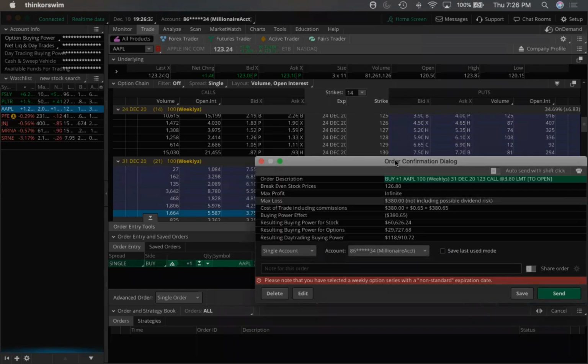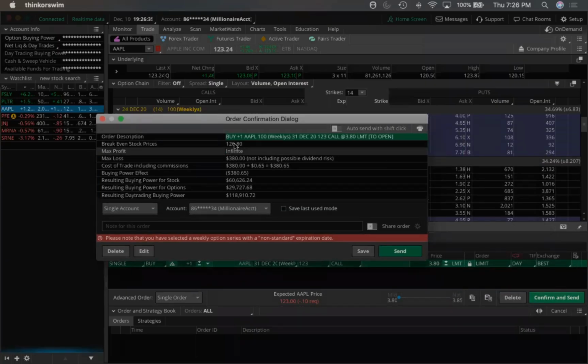Well, if I buy this Apple option that's going to expire December the 31st, my profit is infinite. Word? Yeah, because if Apple goes up $1,000 a share, you capitalize on all the upside. But look at my maximum loss, $380.